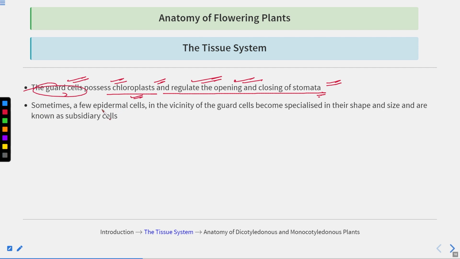Now, sometimes a few epidermal cells in the vicinity of the guard cells become specialized in their shape and size and are known as subsidiary cells. The cells very close to the guard cells become specialized in shape and size and are called subsidiary cells.